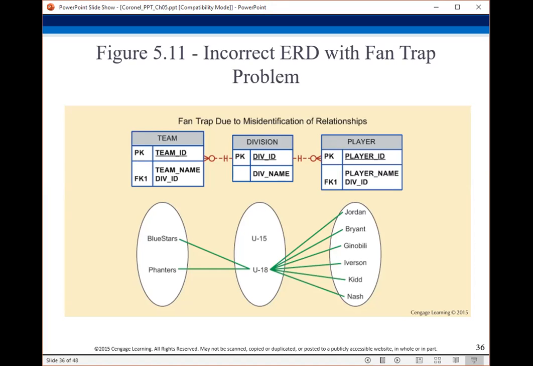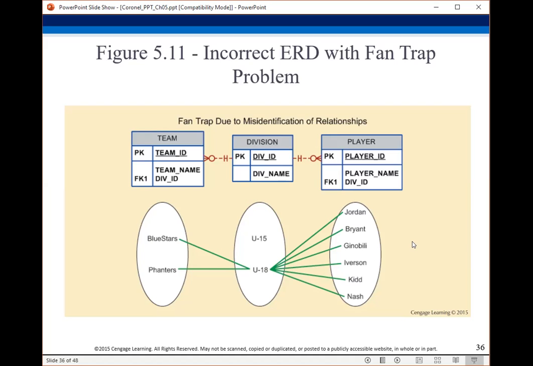In this case, it's dealing with sports teams that are organized into divisions, teams, and then, of course, each team has players. The way it's organized now, you go to the division and you can find teams or you can find players, but you're not going to be able to find the players on a particular team.